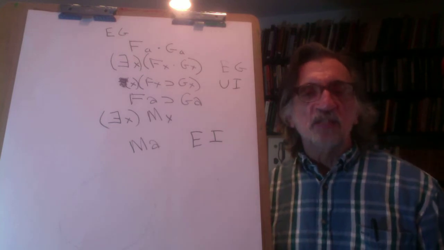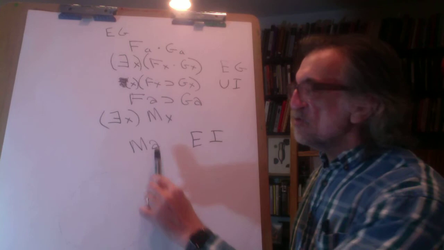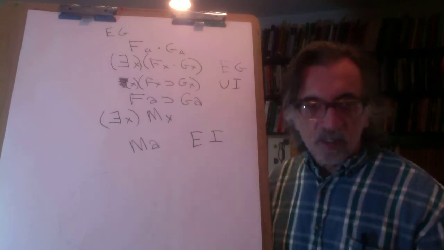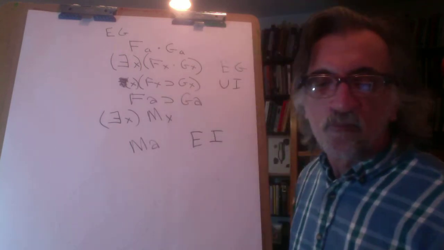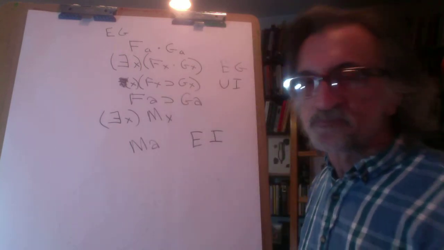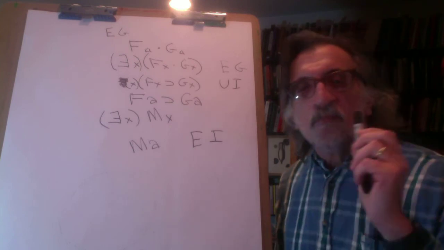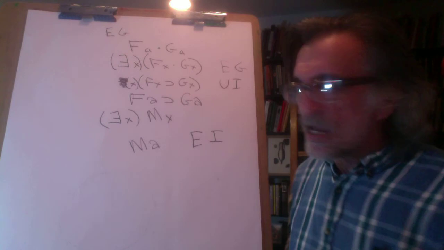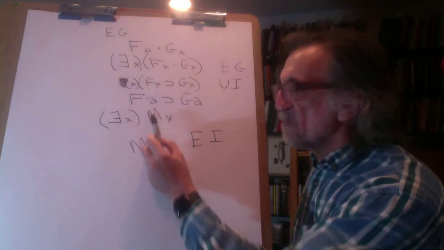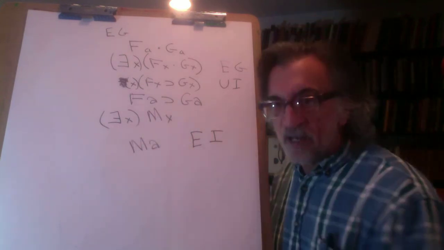There exists x such that Mx, and you might want to write in a proof Ma. Can you just write Ma? Can you say, well, there's something that's a mammal, therefore a is a mammal?